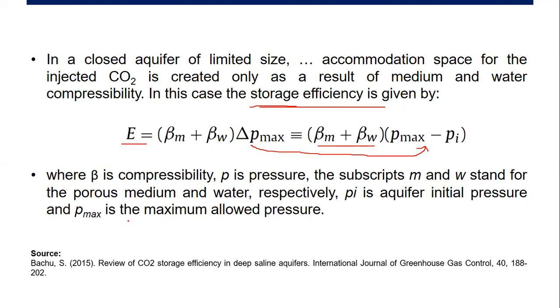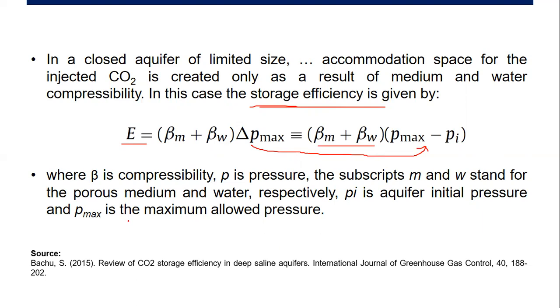So here we can see that the thing that will give space for the injected CO2 in the storage is none other than the compressibility in this case. So, compressibility of the porous medium and the compressibility of the water in the aquifer.